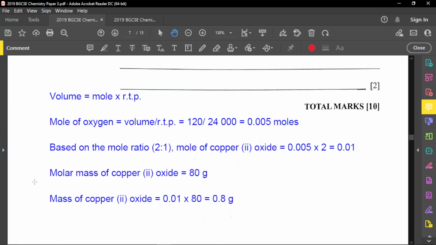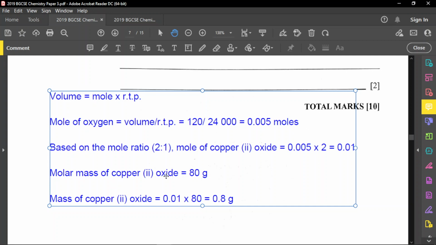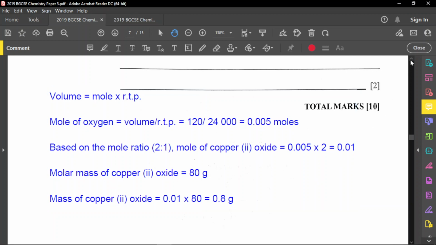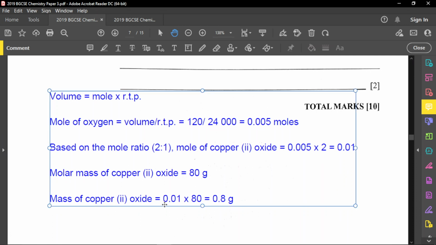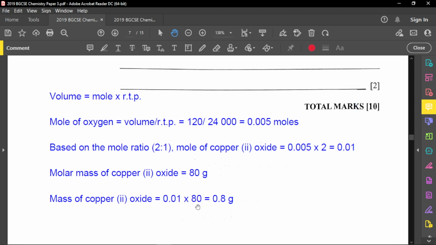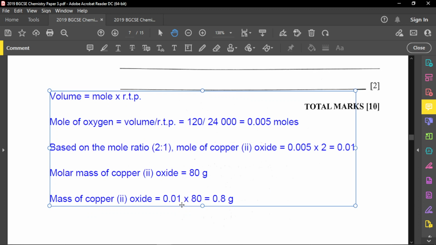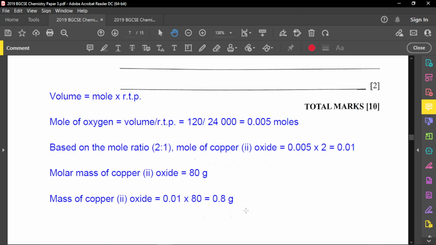From that we're going to find the molar mass of copper 2 oxide, which is 80. All right, and so the mass of copper 2 oxide will equal 0.01, which is the moles, multiplied by the relative molecular mass or the molar mass. So 80 multiplied by 0.01 gives you 0.8 grams. And so that is the mass of copper oxide.